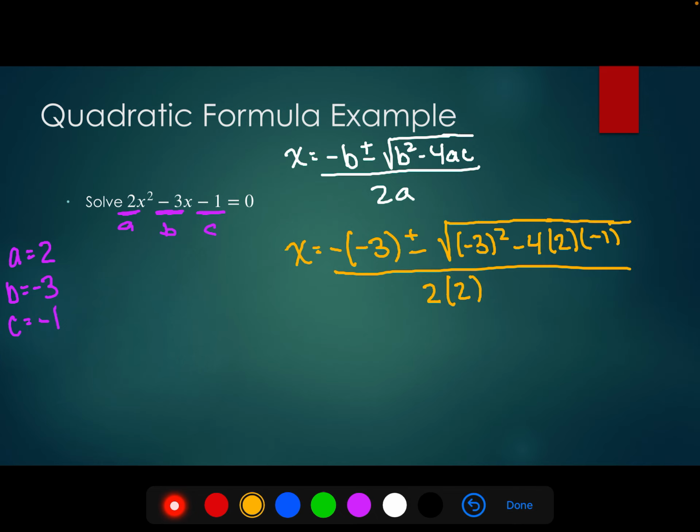So we plugged our numbers in. Now we just have to go ahead and basically simplify everything. So let's do that here.